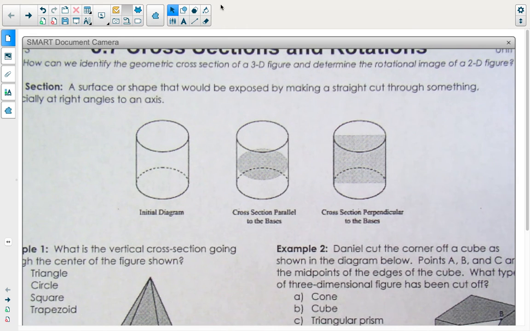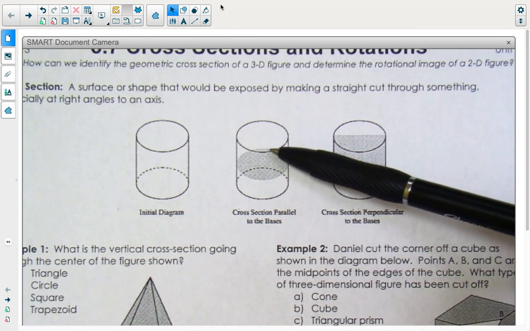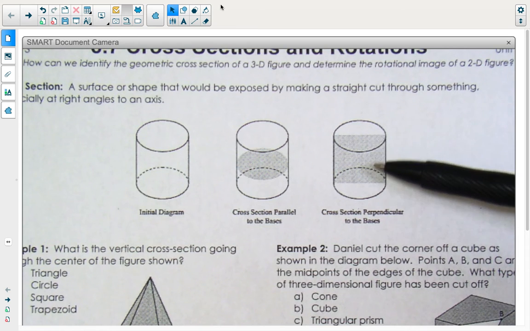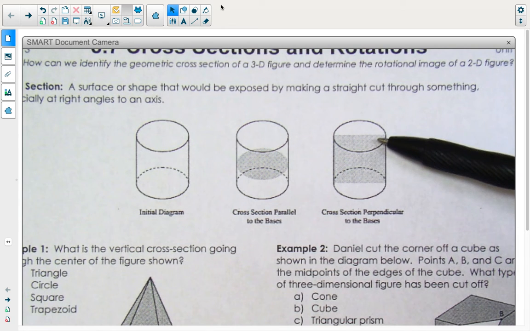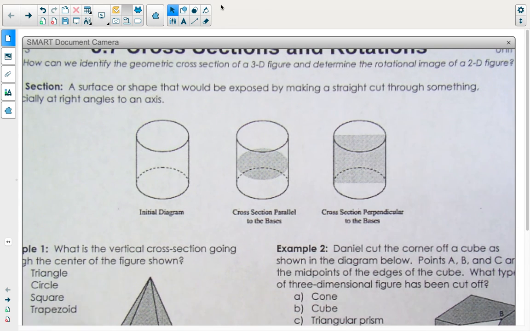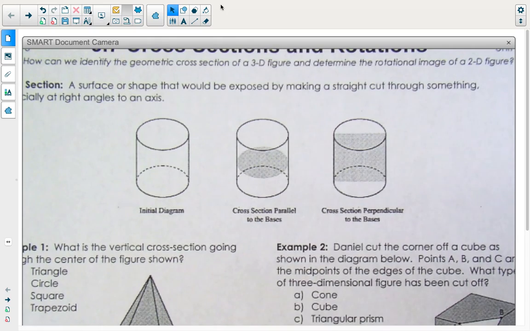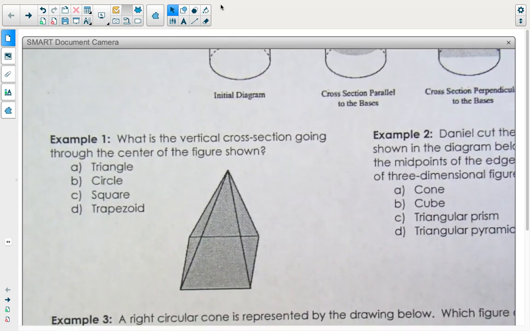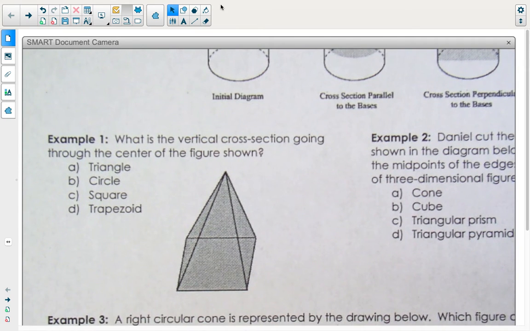I can do a cross section parallel to the base, creating this circle shape here. So we're using our imagination that I'm cutting it horizontally, meaning parallel to the base. Or I can cut it straight up and down, and that means it would be perpendicular to the base. So this one's parallel and this one's perpendicular. Again, make sure you watch those videos. They give excellent visuals of what a cross section is.